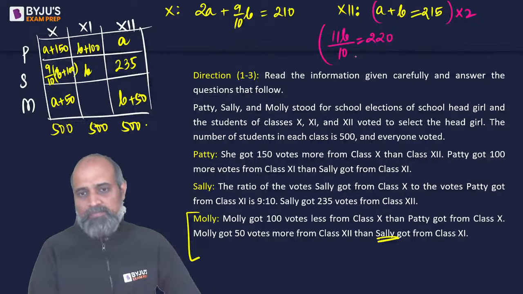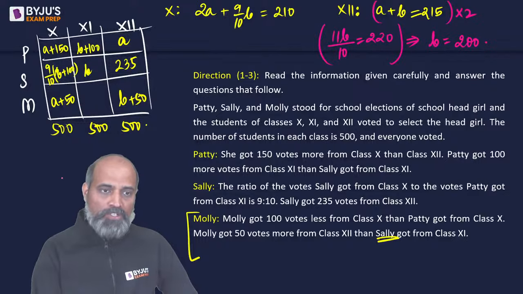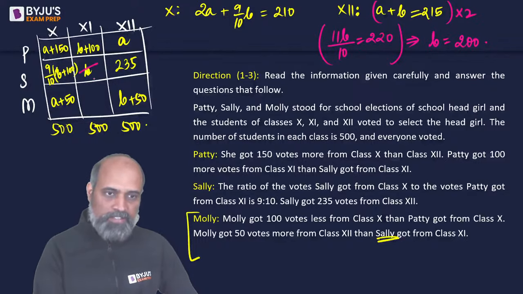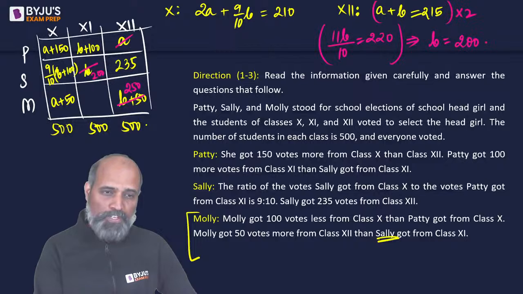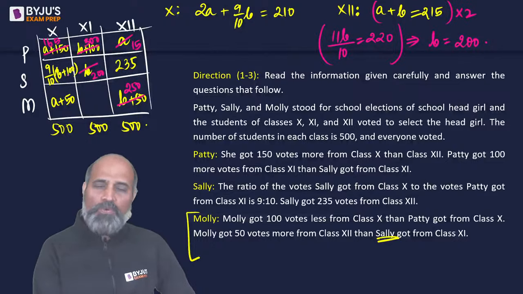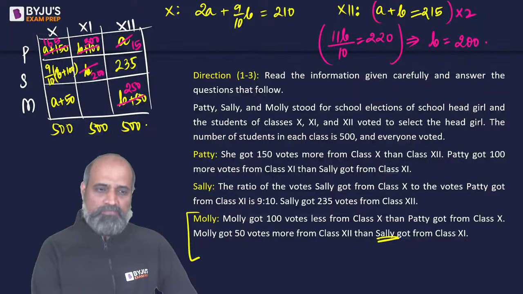Everything was right, I was making a calculation mistake. If we solve this, we will have B equal to 200. If B is equal to 200, we can figure out all the values. This is 250. If B is 200, A is only 15. So this one will become 165. This one will become 300. B is 200, 200 plus 100, 300. 9/10 of 300 is going to be 270.